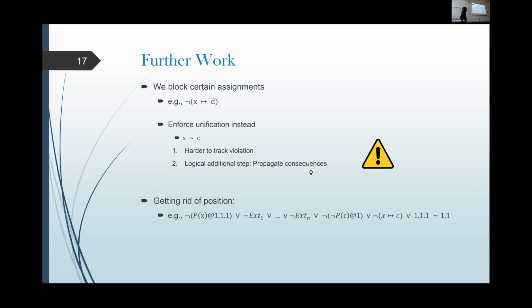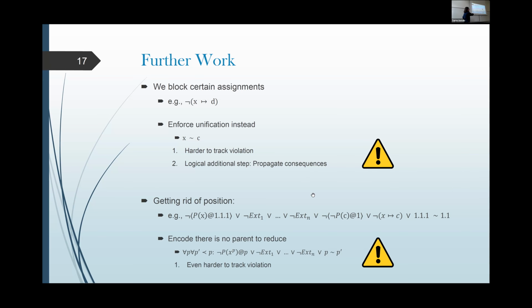And even more, we're aware that we could get completely rid of positions. We can even learn a universally quantified clause: for all paths that you can consider, and for all other paths that are prefix paths of this one, don't have the literal not key at this position and still fail to extend it.